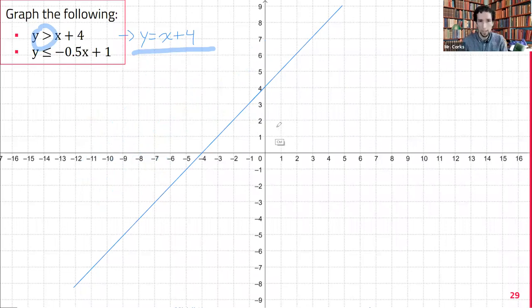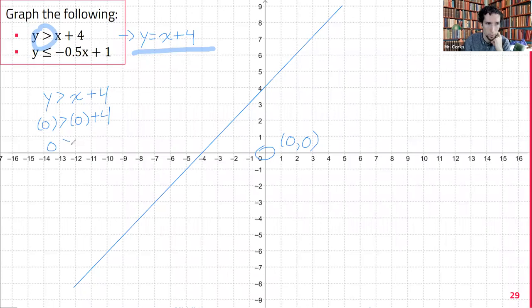One other way of testing that is to take any point on the graph. Let's choose a really simple point, like 0, 0, and put that into the inequality. y is greater than x plus 4. Substituting the values, 0 is greater than 0 plus 4.